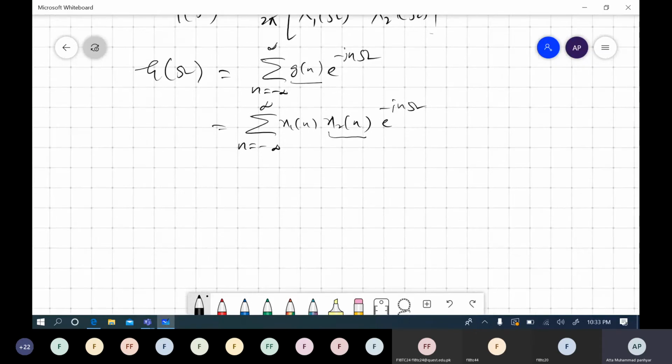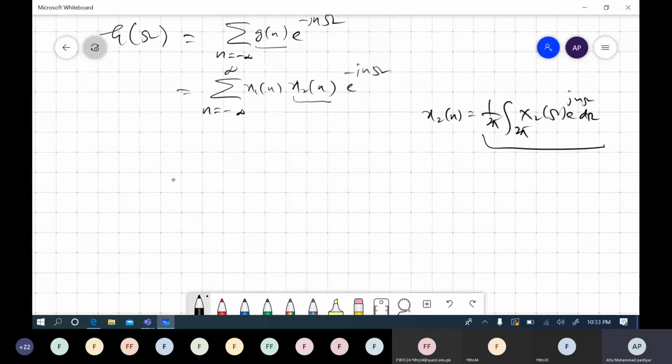Now this signal x2 of n can be written as the integral of X2 of omega e to the power j n omega d omega, right? Because this is the spectrum. If we wish to compute x of n, then its value is this integral, right?